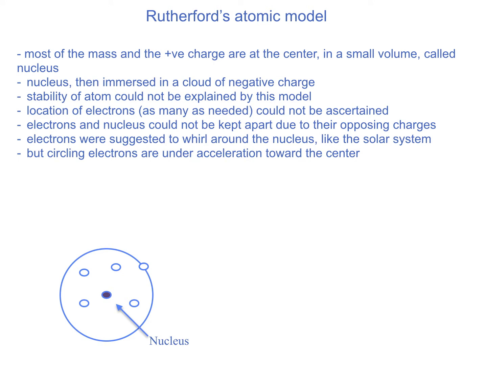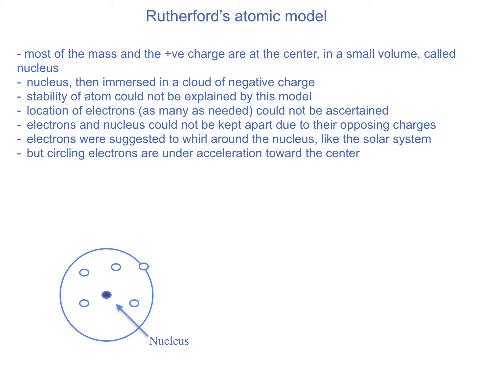And so they thought the planetary model of the atom is pretty appealing, pretty neat to think about, like the solar system. But the only problem is Maxwell's electromagnetic theory predicts that when an electric charge is accelerated, it should emit radiation. It should emit its energy as electromagnetic radiation. And this is how we generate radio waves and microwaves and so on and so forth.